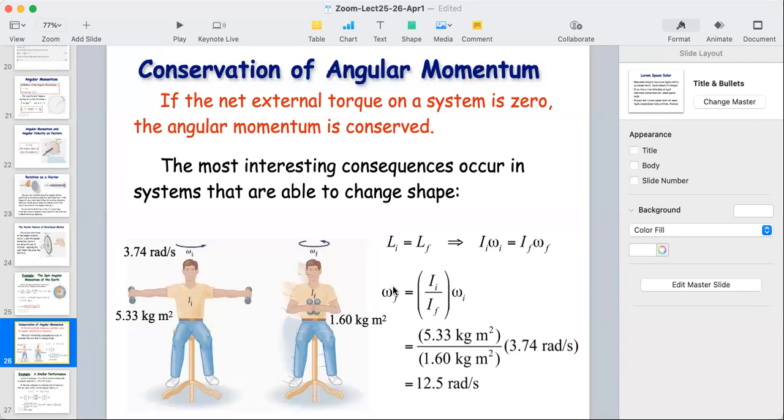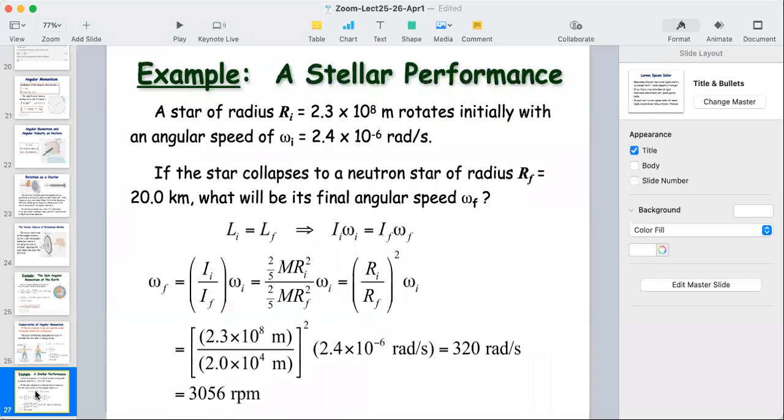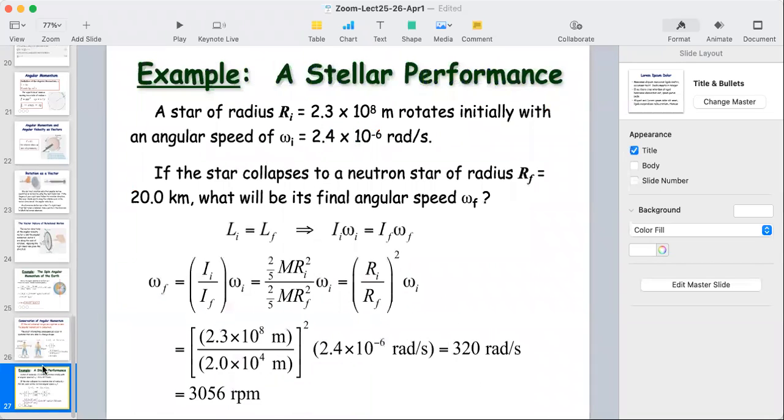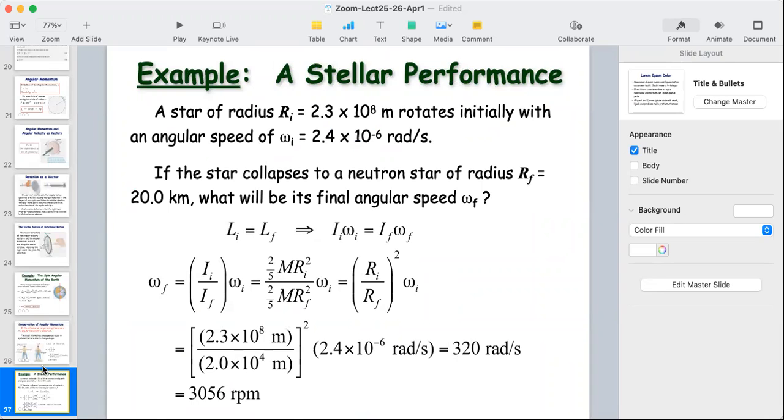And so we see our angular velocity changes from 3.74 radians per second to 12.5 radians per second. So it speeds up, okay? It speeds up. Here there are other examples, but maybe the last example, but the time is over. So you can do it from home or we can do it next time.